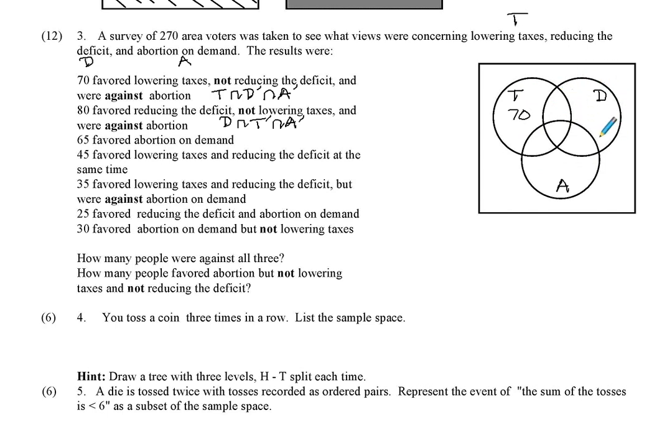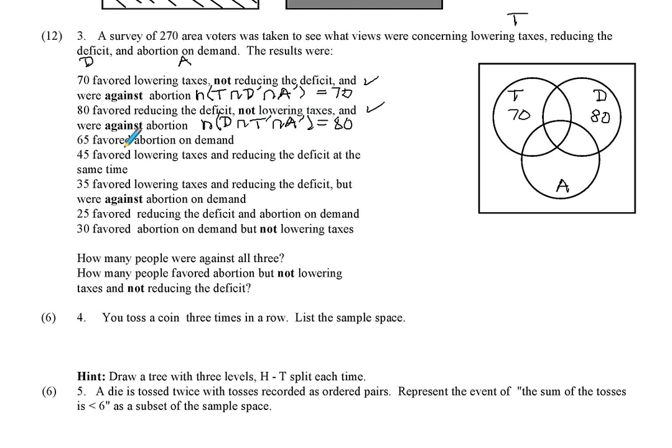You're only D. So that's 80. Oh, and let's check these off as we go. And actually, let's write the number symbol beside these. So the number in there was 70. And then the number that were in D, but not T, not A, was 80.